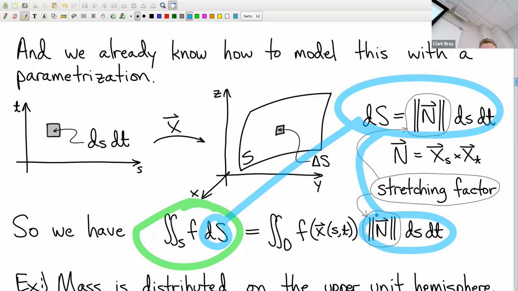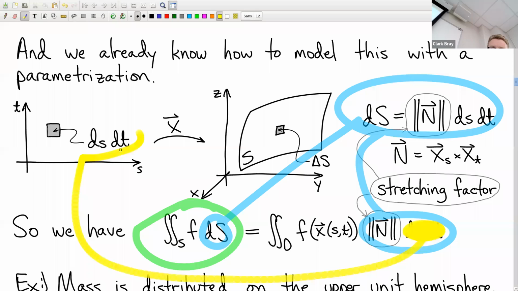is stretching factor times ds dt, or whatever your parameters are. Right? The ds dt being, again, from your parameterization. So whatever the parameters are for your parameterization. And it's the same exact stretching factor here.